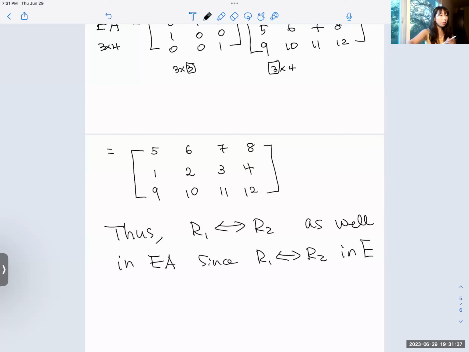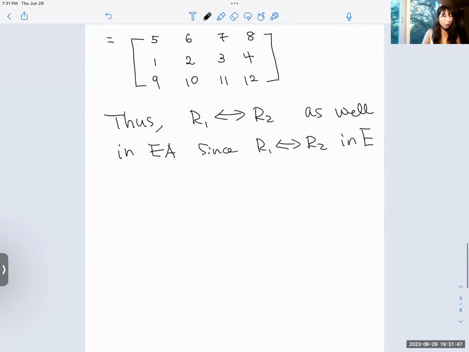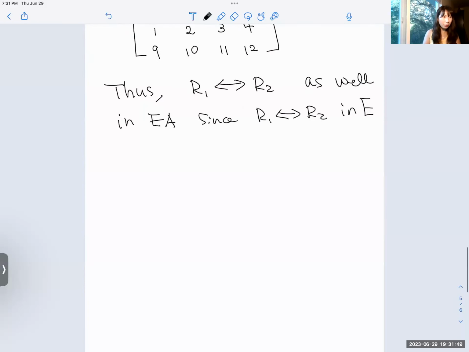Let us do one more. Why are we doing this one, elementary? So each elementary matrix is invertible.